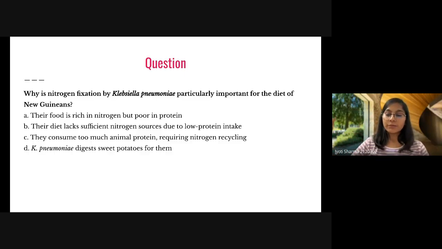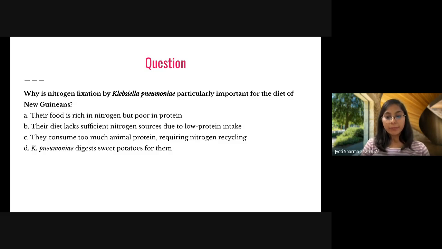And if the nitrogen is fixed by that bacteria, then this nitrogen can be utilized to synthesize the protein. So there we do not need an external source of protein in the form of food, but that bacteria will help to fix the nitrogen and help to synthesize the protein within the body. So this is how this Klebsiella pneumoniae bacteria can help the people of New Guinea.